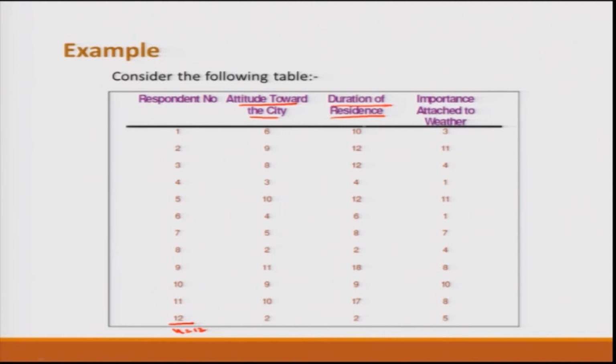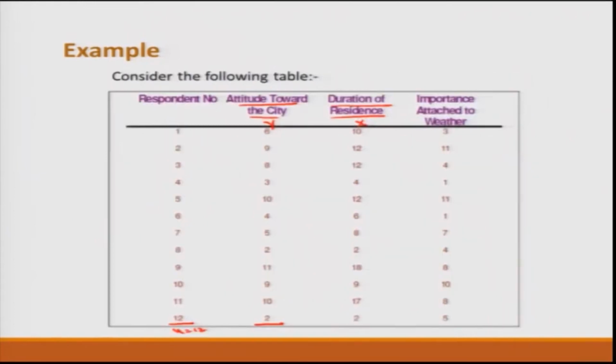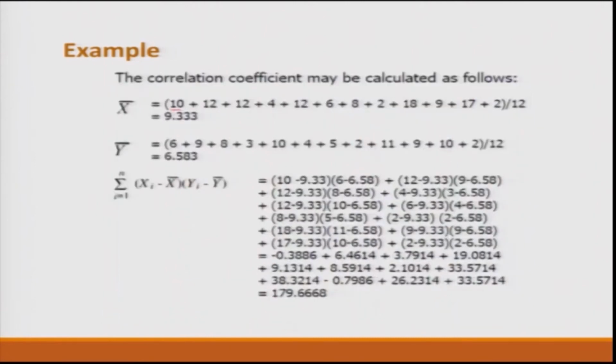Let me put this as y variable and this as x variable. First we will calculate x bar and y bar. x bar is the average of all the values here, y bar is the average of all the values here. So, x bar is sum divided by 12. This comes down to 9.33, y bar is 6.583.